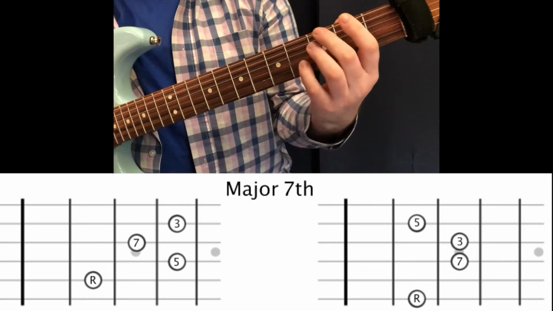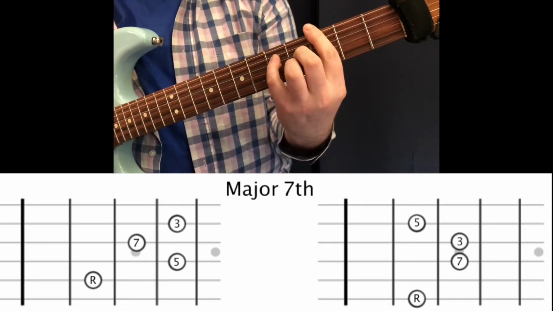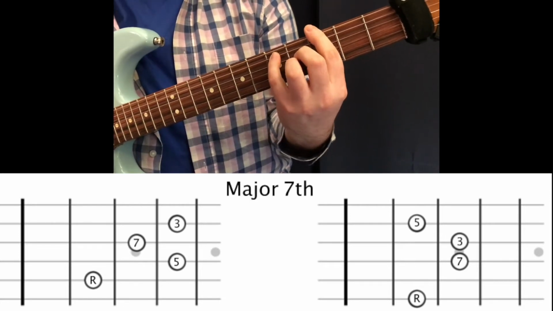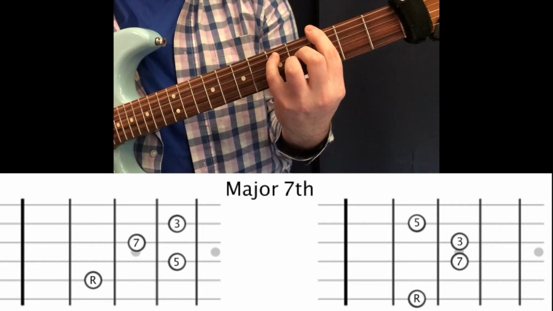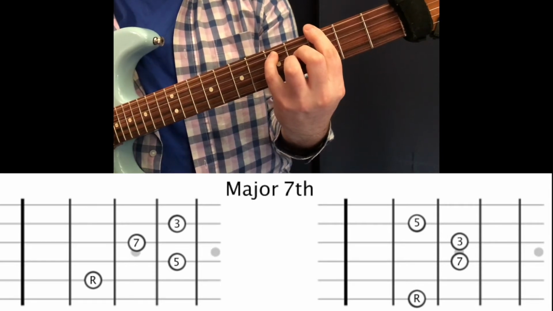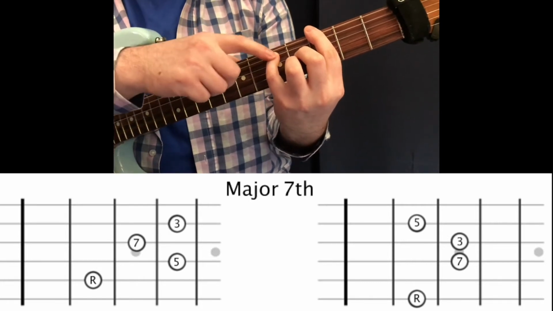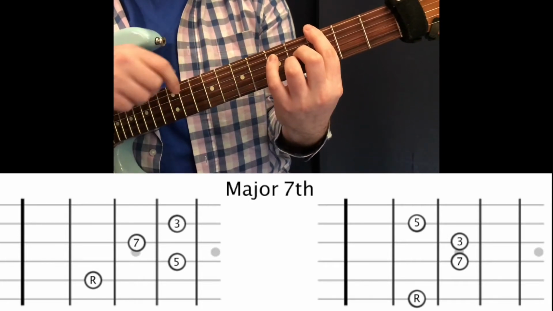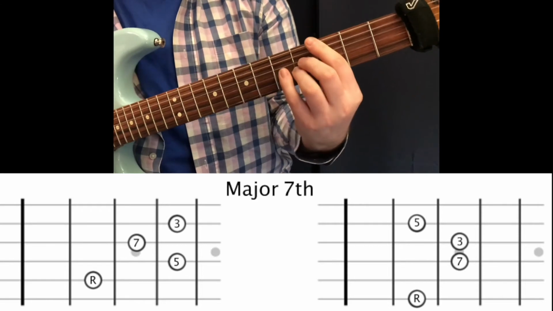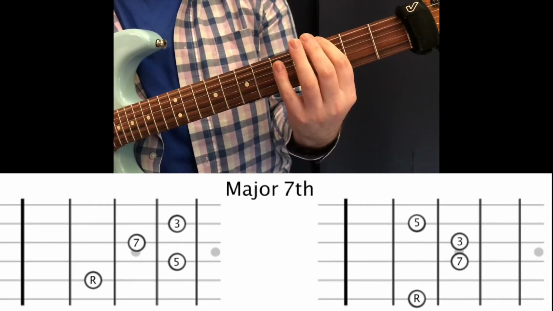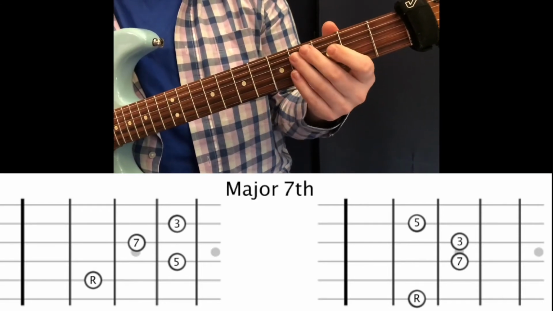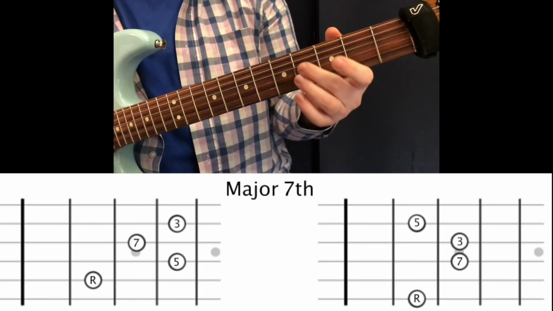To do that on the 6th string, you can put the 5th with your pinky, but what we'll most commonly do is we'll take this note off and just mute that 5th string. So you get the root and then mute the A string or the 5th string.